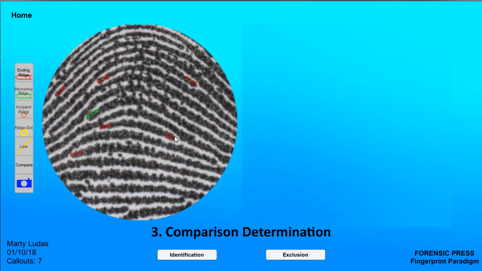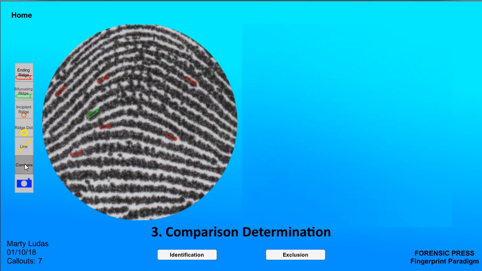My primary search cluster will probably be this pair of ending ridges, which consists of this one ridge, and then one ridge down I have another ending ridge. That's what I'll be looking for in the comparison print. Now I'm ready to compare.